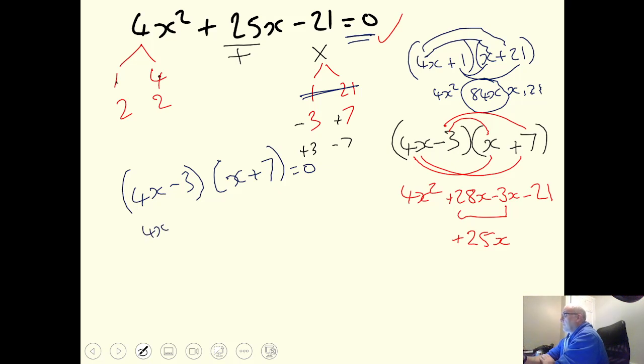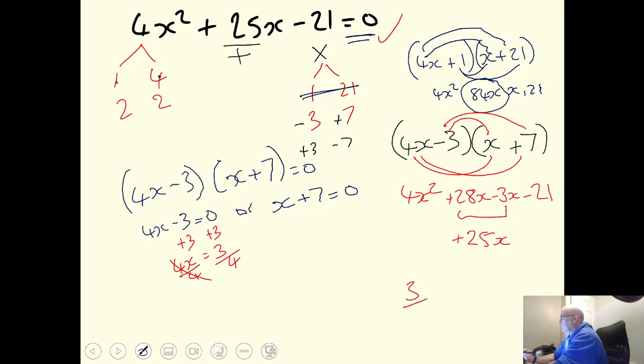So 4x minus 3 equals 0, or x plus 7 equals 0. And again, you can see we're using the same pattern each time, the same process. We're just doing the balancing method. So 4x equals 3. Divide through by the positive coefficient. So that means that x equals 3/4.